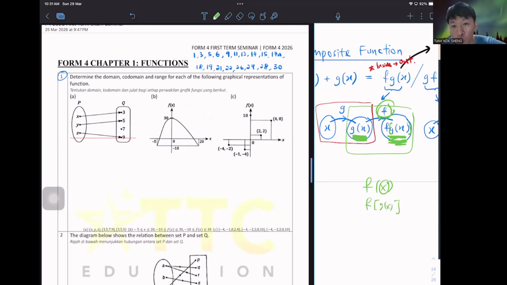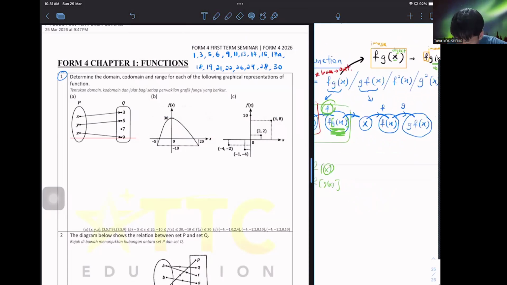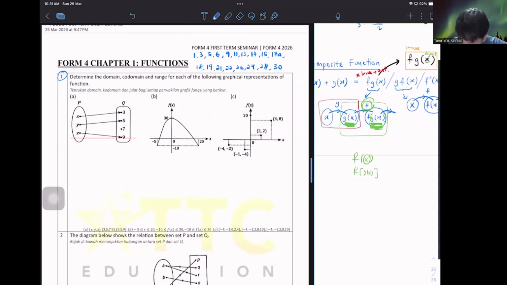Another line going to another bubble, extra one more. I mean, what letter do you prefer? G again.